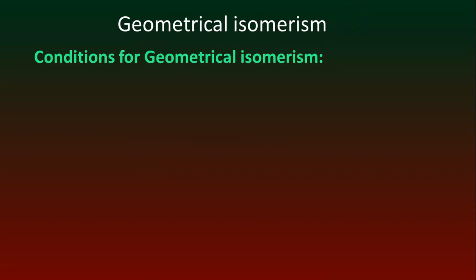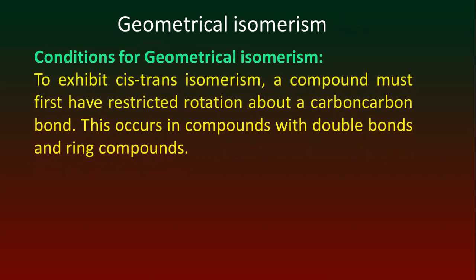You also have to know the types of geometrical isomerism. Geometrical isomerism is of two types, cis and trans isomerism.